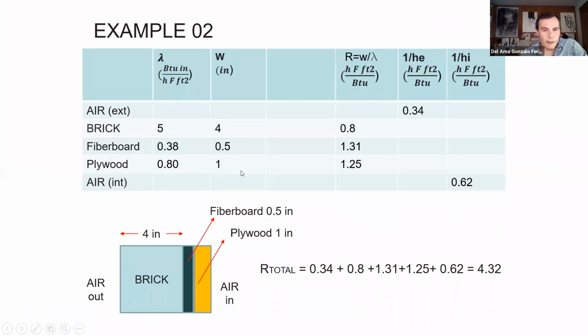You can check those values to see if you have the same result here. So you have a brick with this thermal conductivity in this width, or a fiber board, or a plywood with the outdoor, sorry, the indoor. So you can check if the value is the same, the thermal resistance.